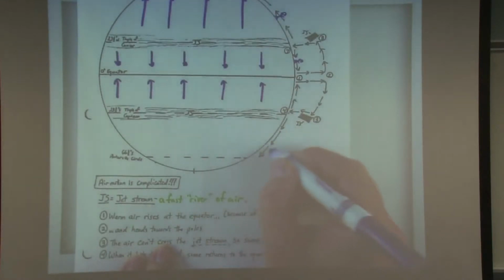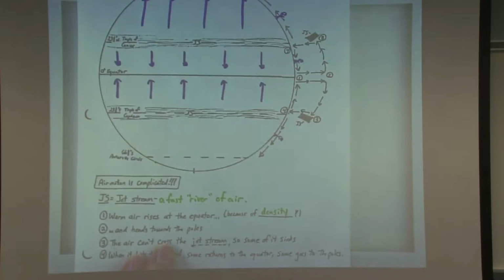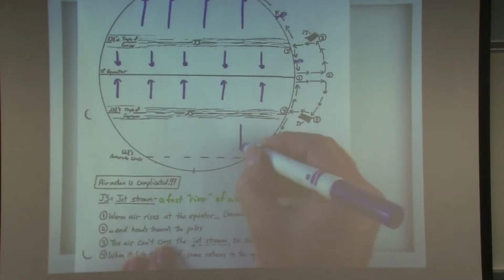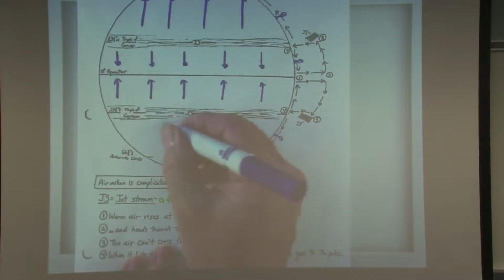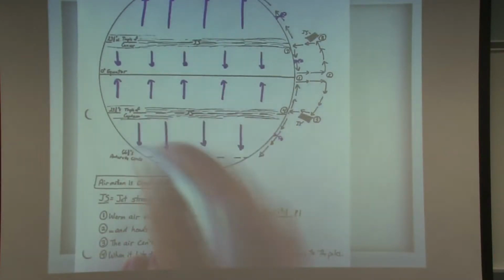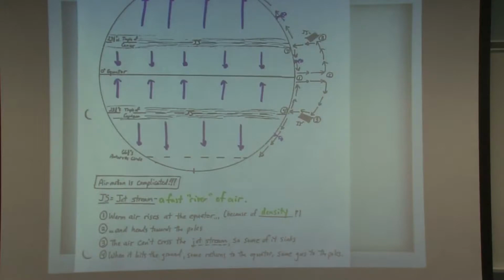And then down here in this area, somewhere around Argentina, we would have the air moving away from the equator again. So this is our new map. Looks a little bit different, doesn't it?